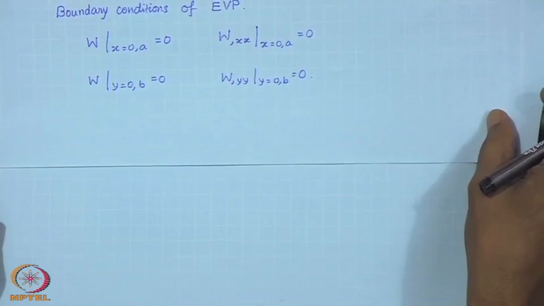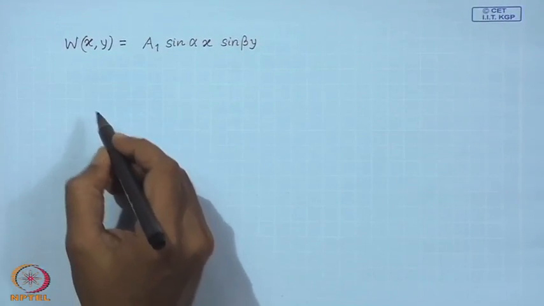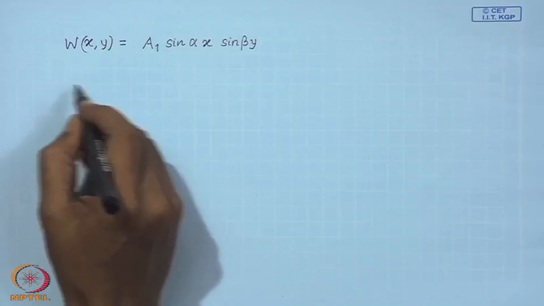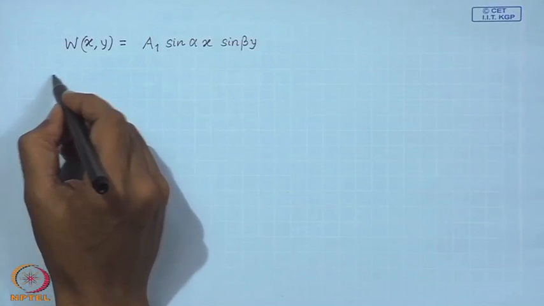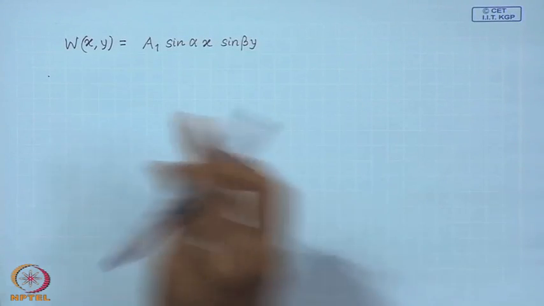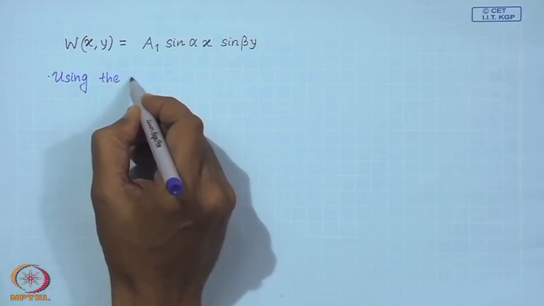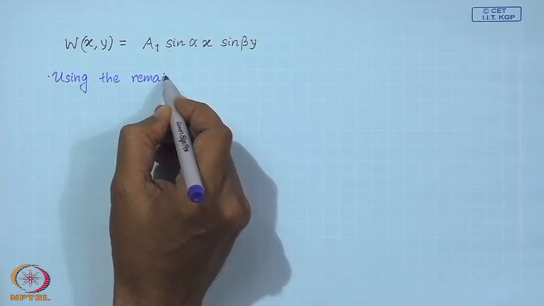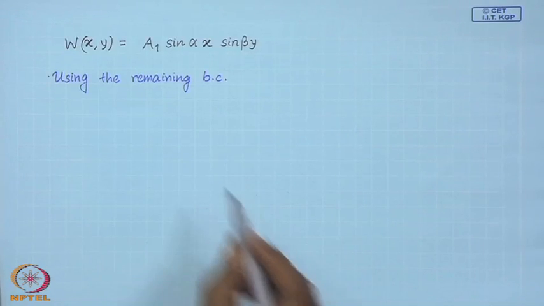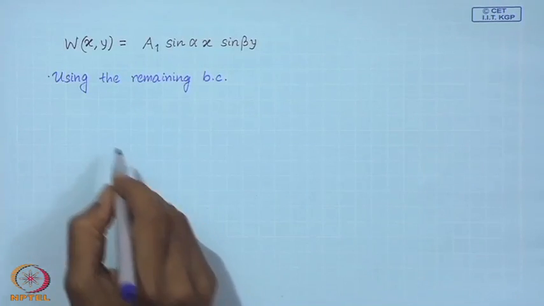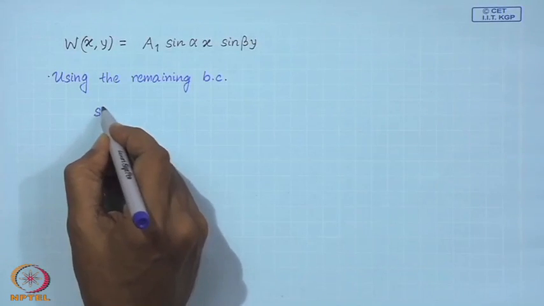So, we have some further boundary conditions which we must satisfy with this equation. So, if you use the remaining boundary conditions, then you will obtain these conditions.